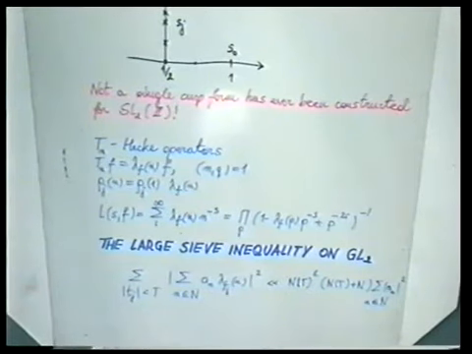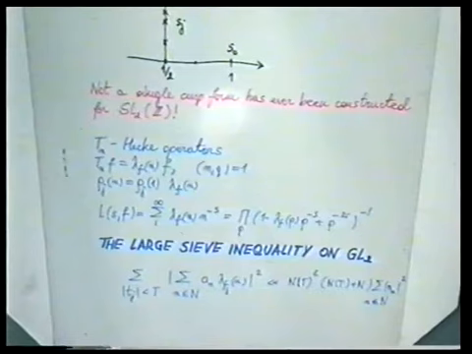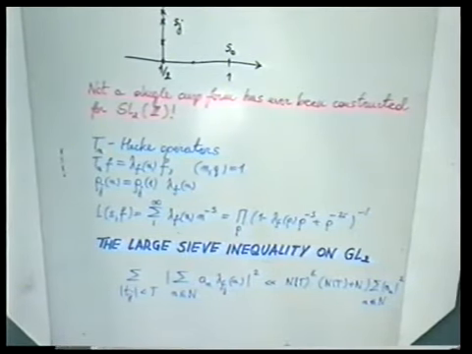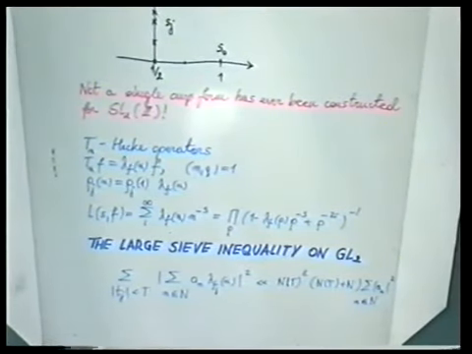Because you have many more such functions relative to the conductor, such a large sieve inequality is much stronger than what we had before for GL1 objects. And as you can imagine, it's harder to prove as well. But it's true.